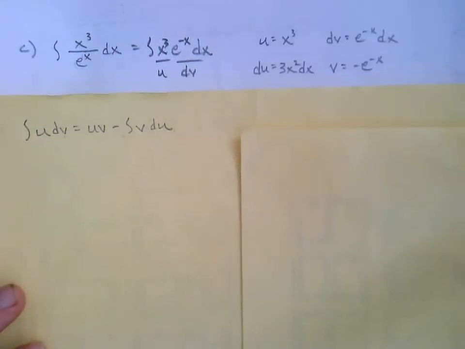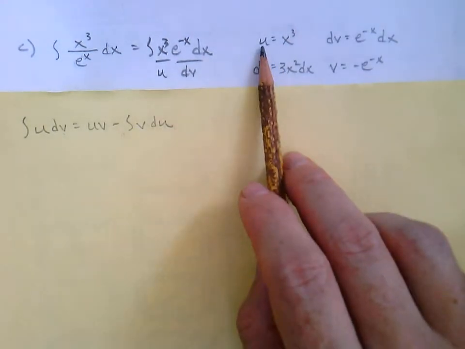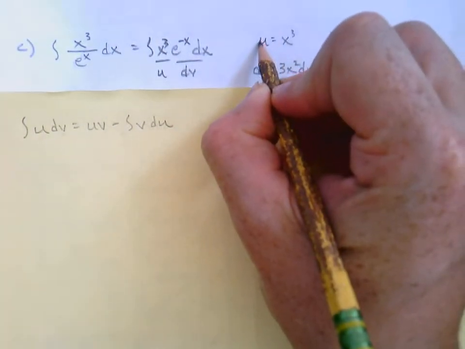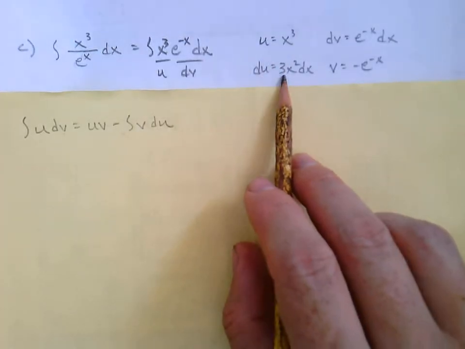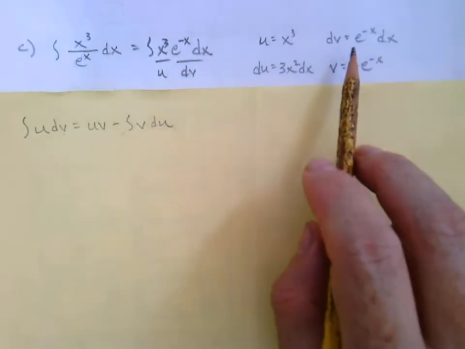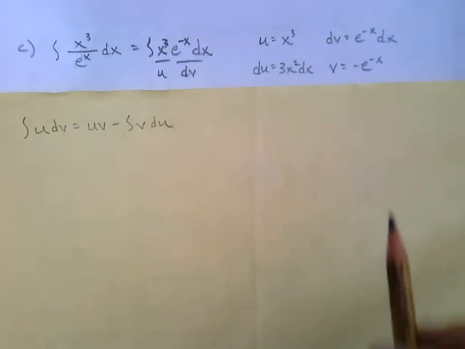Okay, so let's see all the parts together. So u equals x to the third. That means du, taking a derivative, is 3x squared dx. dv is e to the negative x dx.